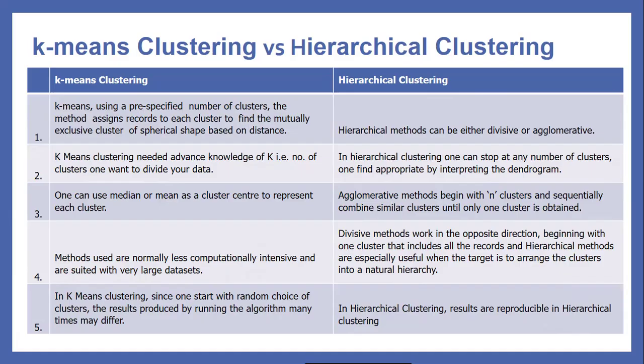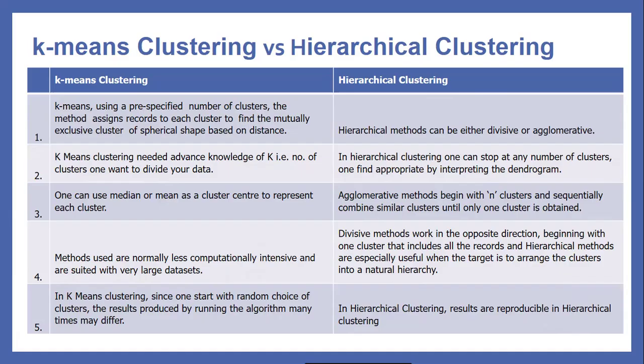In K-means clustering, since one starts with a random choice of clusters, the results produced by running the algorithm many times may differ. In hierarchical clustering, results are reproducible.